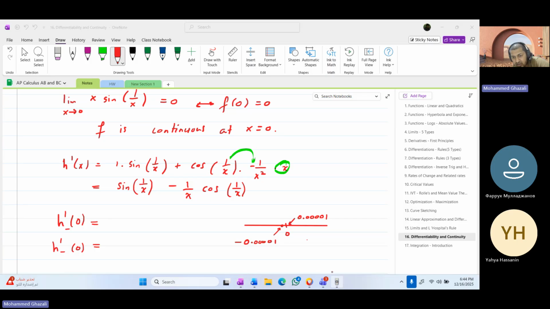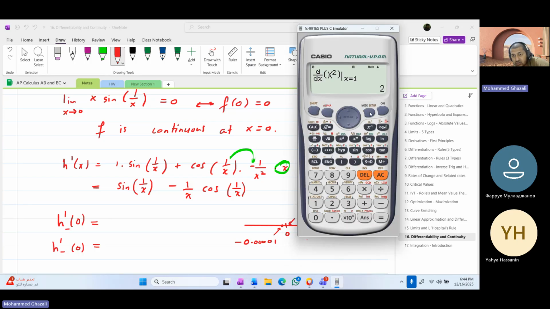Okay, so let's try this out. Make sure your calculator is on radians. Now my calculator is on radians mode.